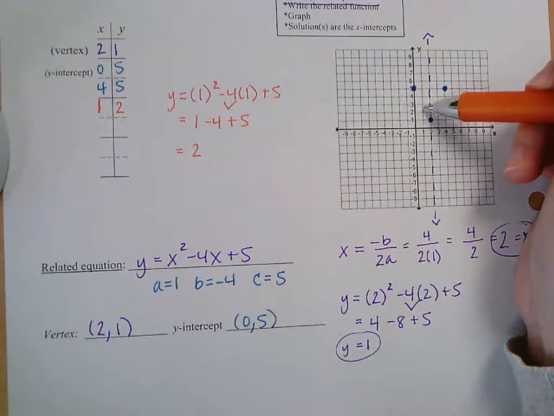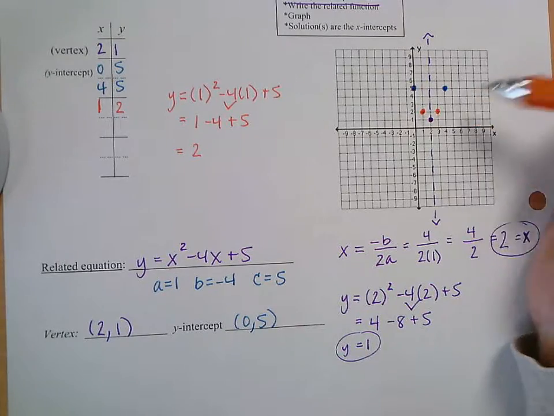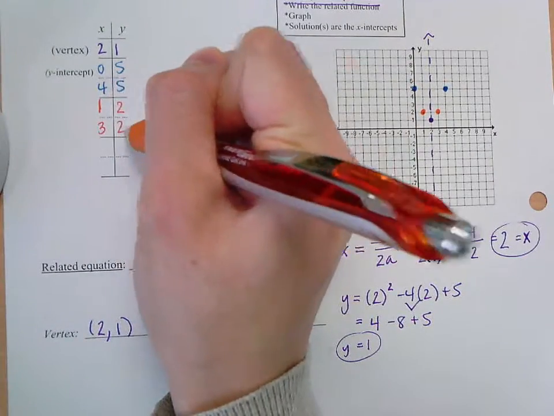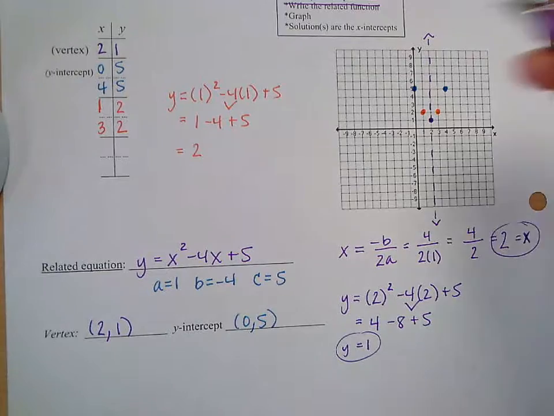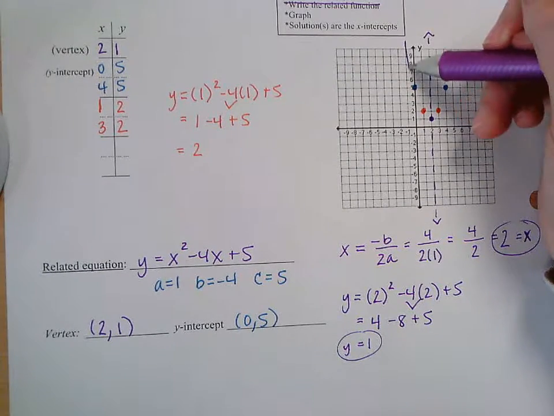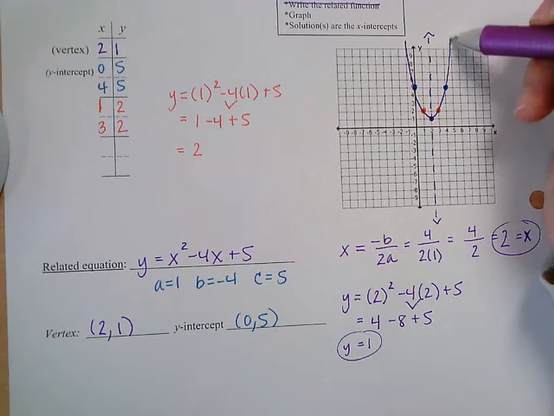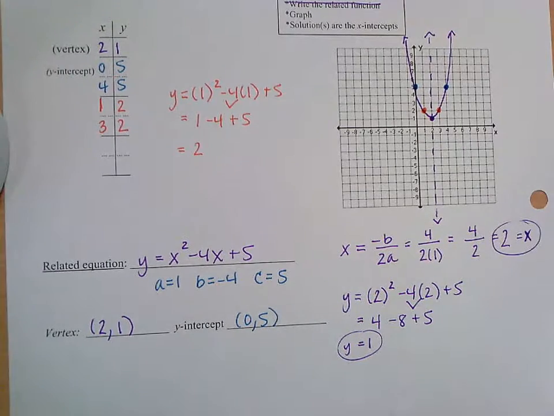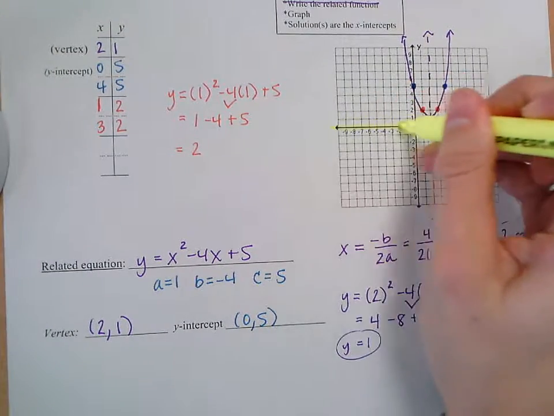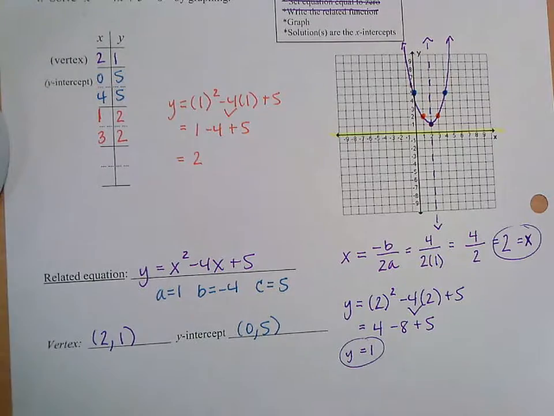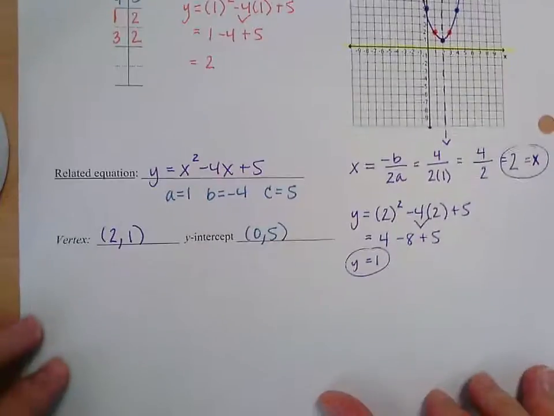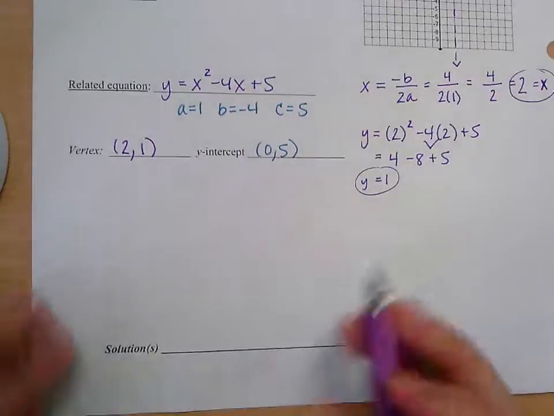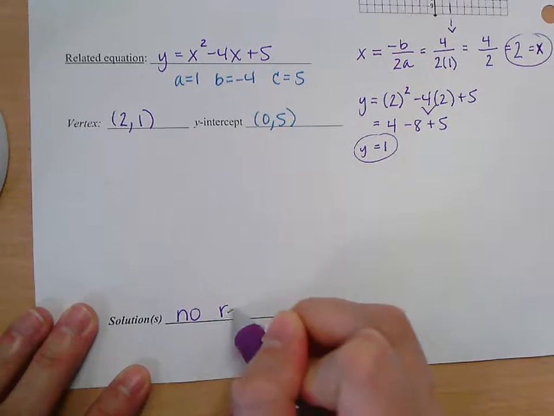So I'd have 1, 2, and that would reflect over to 3, 2. So that helped verify that my other points were correct. It's opening up. It does not cross my x-axis. So as Riley had stated before, it is no real solutions.